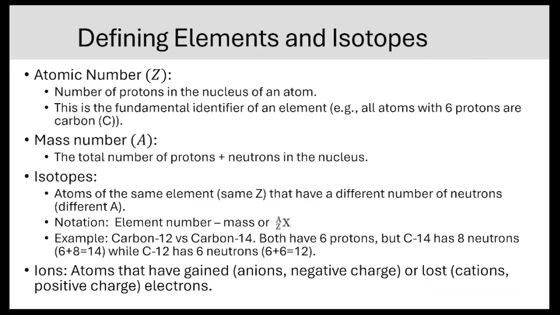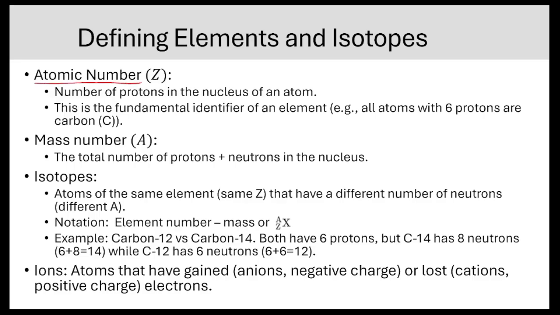And to identify an element, we already talked about it mostly. Let's just finalize how we define elements. To identify and categorize atoms, we use two key numbers.